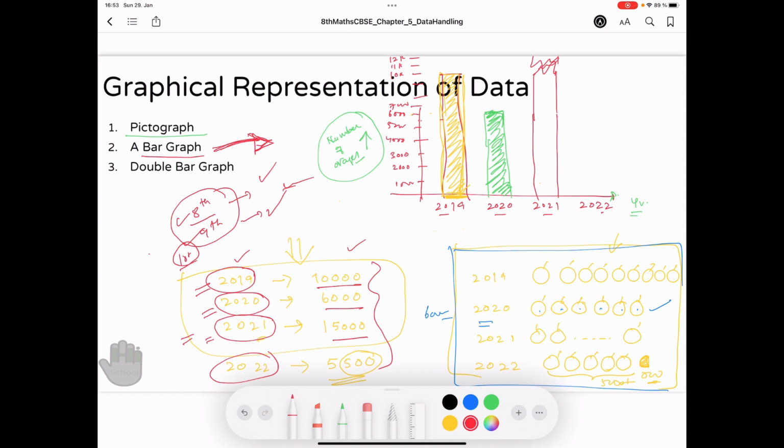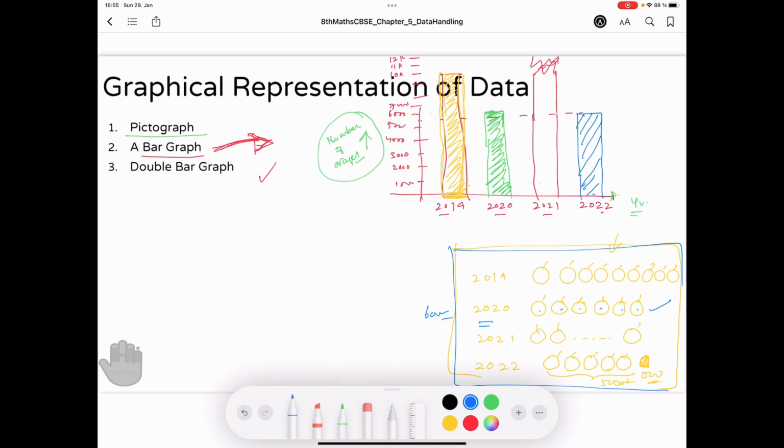So somewhere around here. Let's put it in the blue color, and then we'll make again a rectangle of height 5,500. So this is how we make a bar chart or bar graph. Now double bar graph. Okay, the bar graph was having information for one set of data.